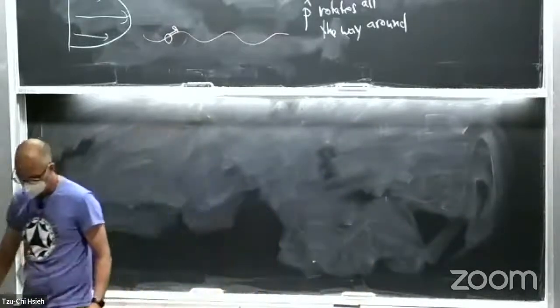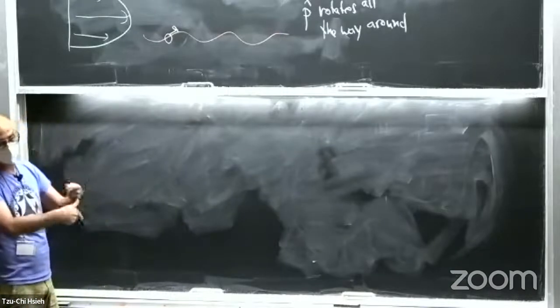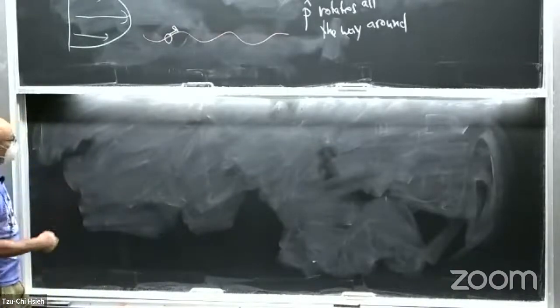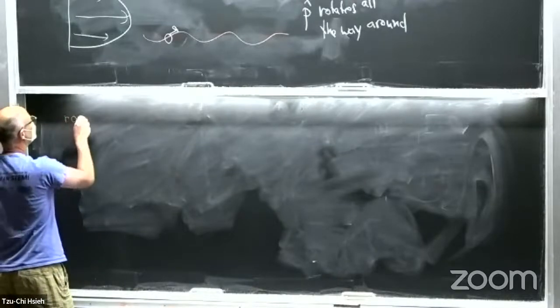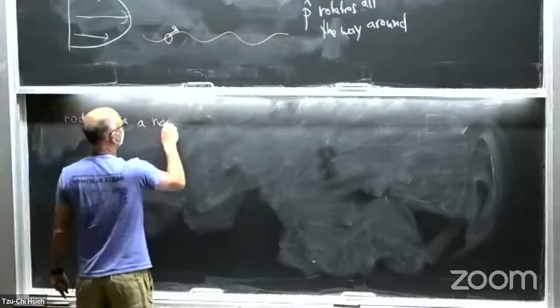The point is that the sphere has a lot of symmetry. That's why it's rotating at this uniform rate. But rods have a non-uniform rotation rate.